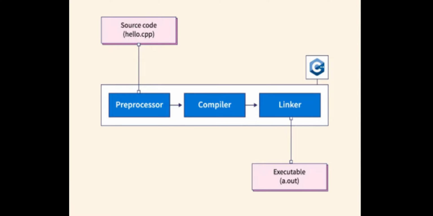Understanding a C++ program. A C++ program follows a standard structure that helps the compiler understand how the program should be executed. It usually starts with preprocessor directives that provide instructions to the compiler, such as including required libraries.